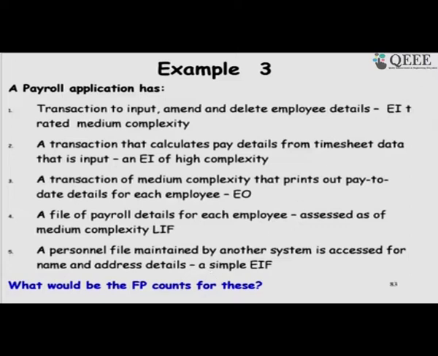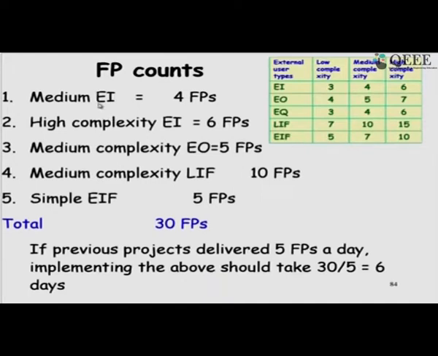So, then what will be the function point count for this? So, we find that the medium complexity EI, external input, is 4, high complexity is 6, medium complexity external output is 5, medium complexity logical interface file, that is 10, and then simple inquiry, that is 5, simple external interface file is 5.